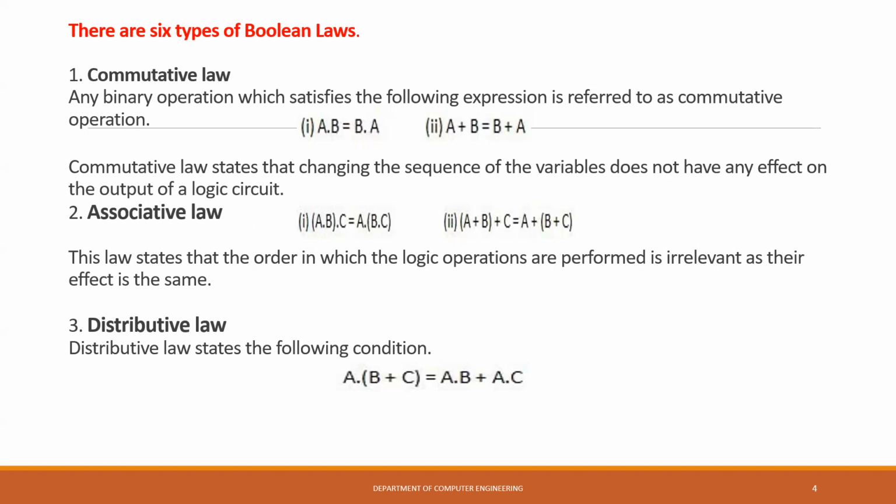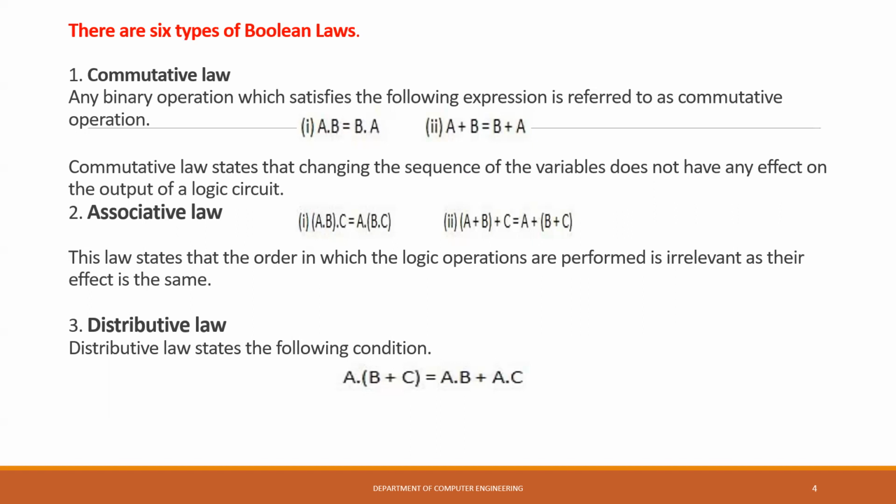The second law is the associative law. In the first example, in a bracket, A dot B dot C is equal to A dot, in a bracket, B dot C. Similarly, for the second expression, in a bracket, A plus B plus C can be represented as A plus, in a bracket, B plus C. This law states that the order in which the logic operations are performed is irrelevant as their effect is the same.